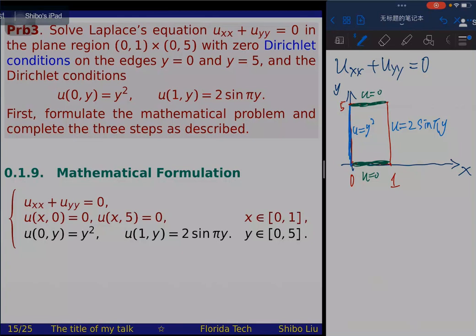Similarly, on the right part of the boundary, when x equal to 1, we are given u equals 2 sine pi y. So this is the problem. This is the initial boundary problem corresponding to what has been described in the statement of the problem. So this is the answer to question 1.